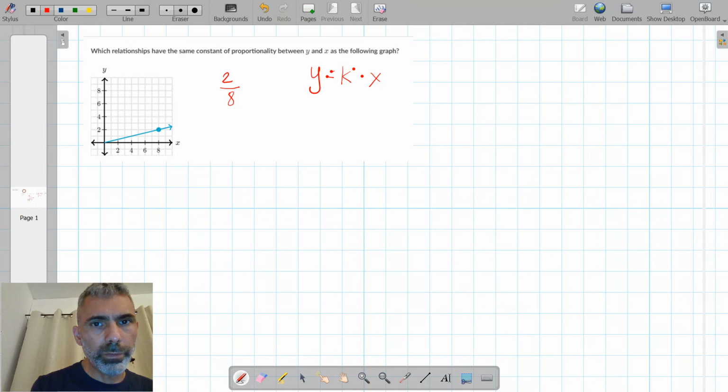To isolate k, the constant of proportionality, we divide both sides of the equation by x. So y over x equals k. Here y is 2, x is 8, so the constant of proportionality is 2 eighths, which can be simplified to 1/4.